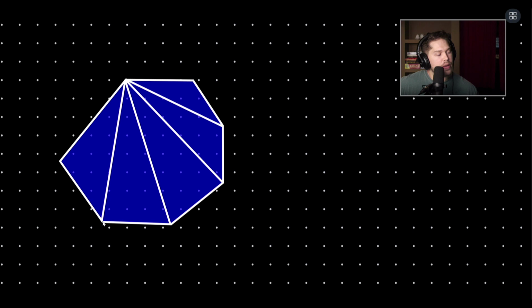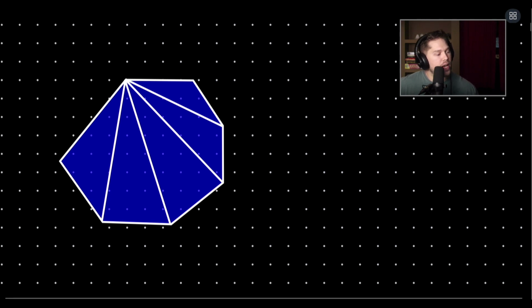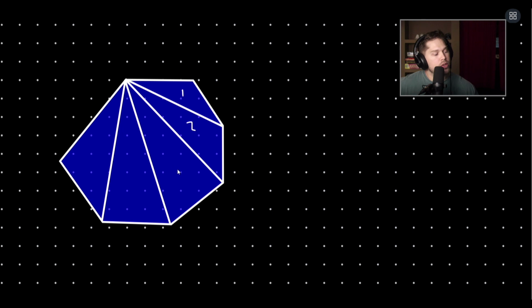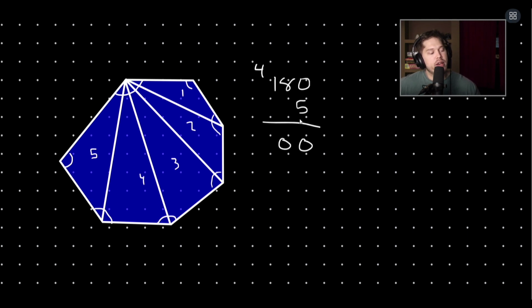Okay. Now that we have done that, let's count up how many triangles we have. We have 1, 2, 3, 4, and 5. Therefore, if I want to know the total sum of the interior measures of my heptagon, all I have to do is take 180 and multiply it by 5. 5 times 0 is 0. 5 times 8 is 40. 5 times 1 plus 4 is 9.